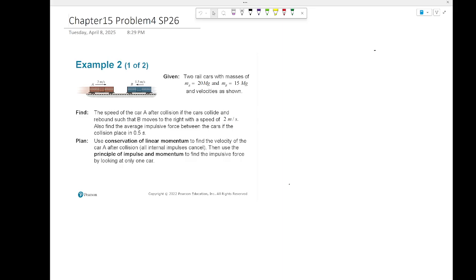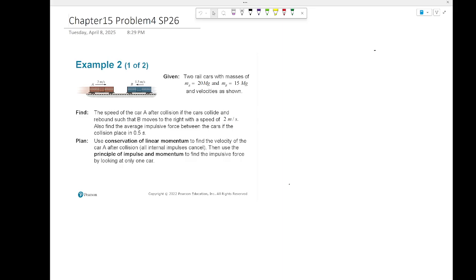Okay, in today's problem, we're seeing two of these trains coming together at a speed, right? Two rail cars with a mass of 20 and 15 megagram. Do you guys know what a megagram is? It's like 20,000 kg and 15,000 kg, right?